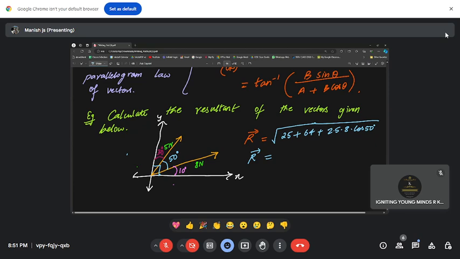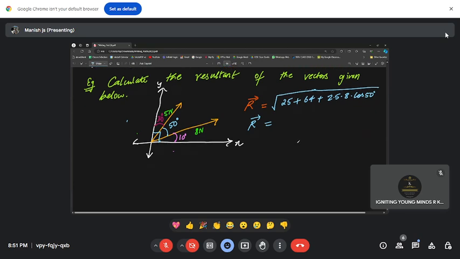So this is how you calculate the resultant of any two vectors by applying the parallelogram law of vectors. Same thing, if I ask you the direction of the resultant, what would you do? You need to find out alpha. So alpha is equal to, you know that it is b sin theta over a plus b cos theta, so 8 sin 50 divided by 5 plus 8 cos 50.